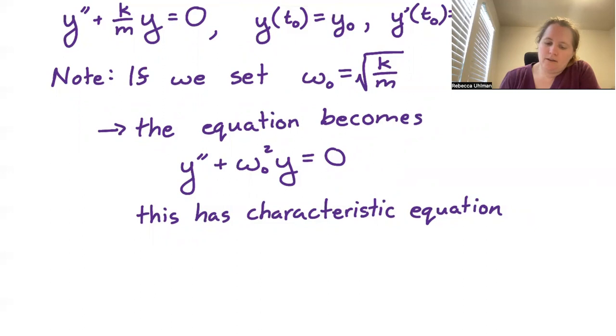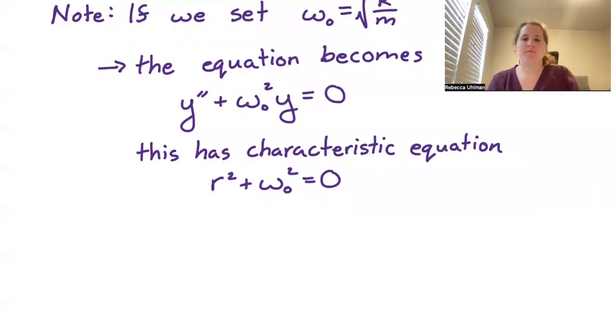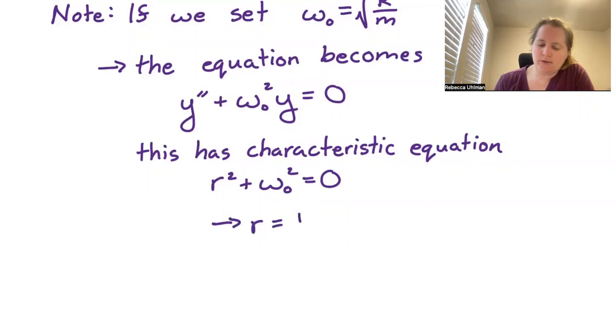Let me update my screen. So I'm going to actually say that's omega naught, not w naught. Then we wind up getting here that r is plus or minus omega naught times i.